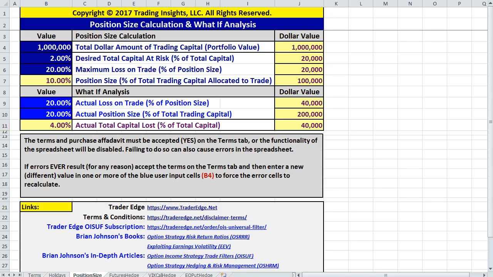Let's go through a second position sizing example. We'll use the same $1 million total amount of trading capital, but this time we'll increase the desired capital at risk from 2% to 5%.